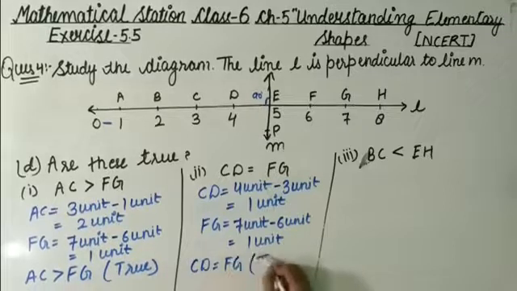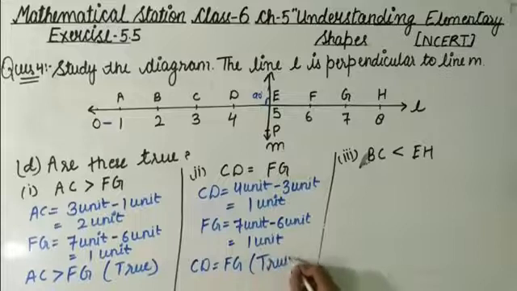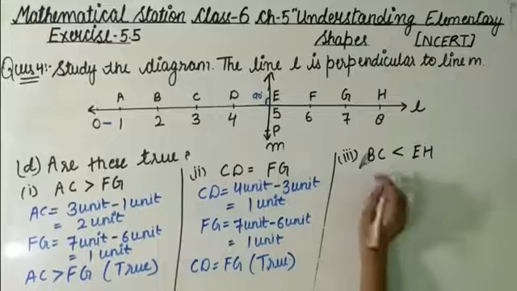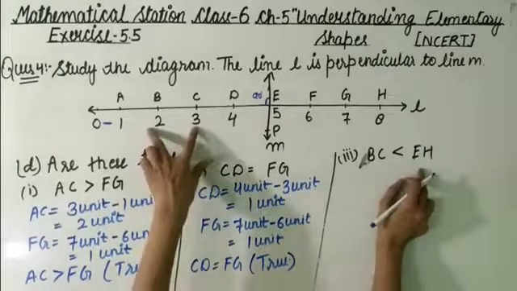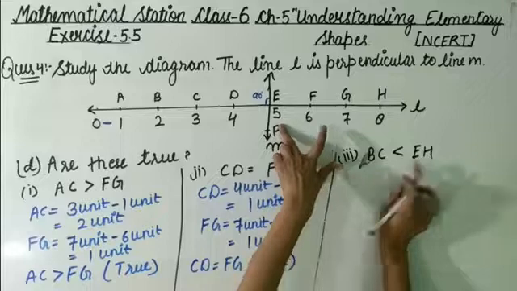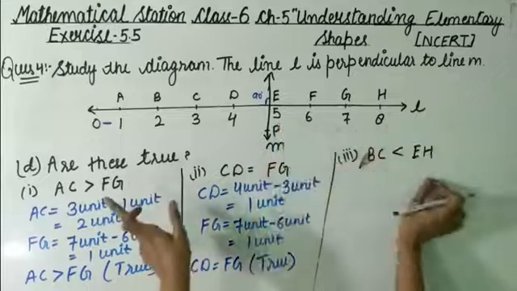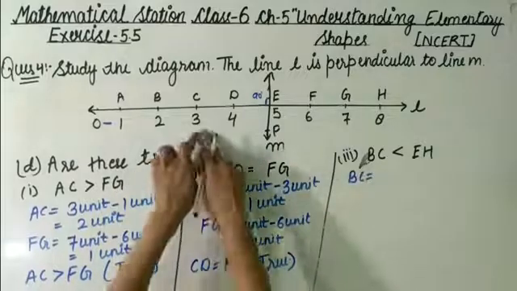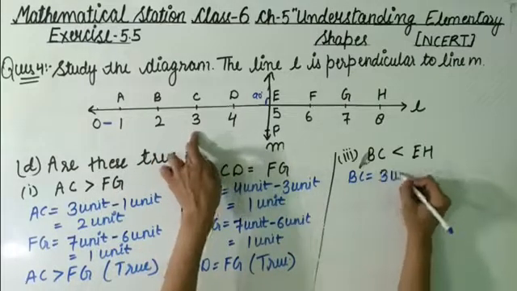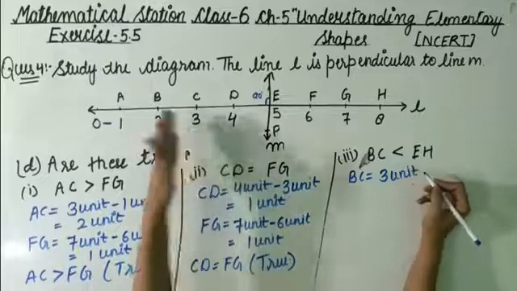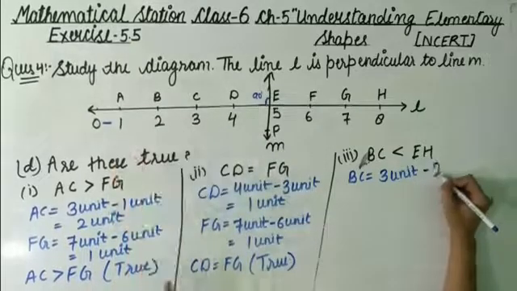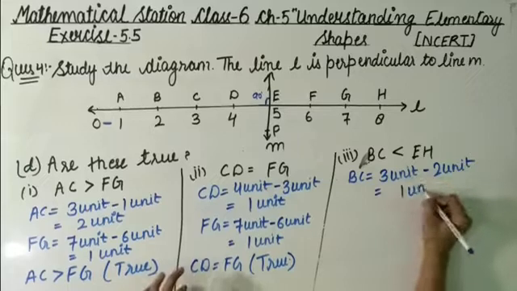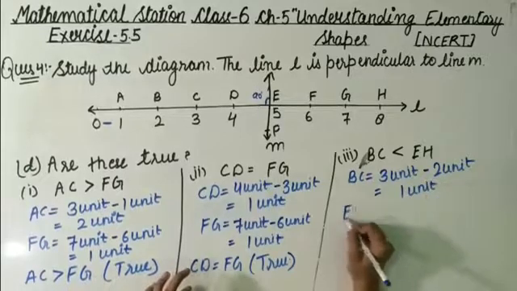Next, the third part is BC is less than EH. BC is here and EH is here, E to H. Is BC less than EH or not? For BC, point C is on 3 and B is on 2. So BC equals 3 unit minus 2 unit equals 1 unit. Next, EH.